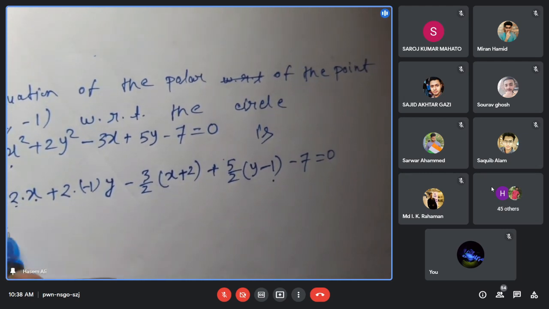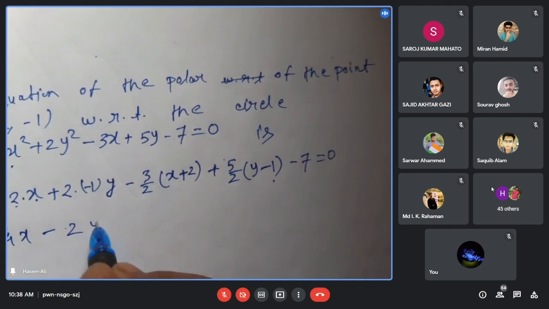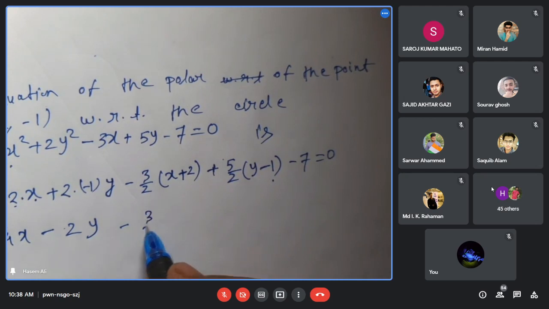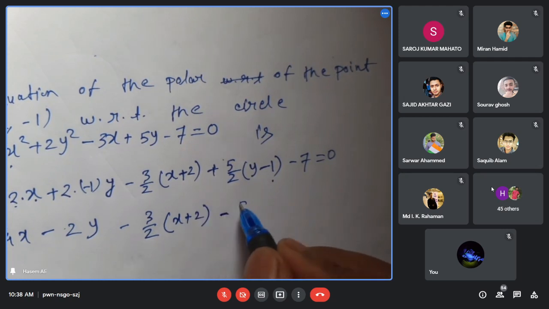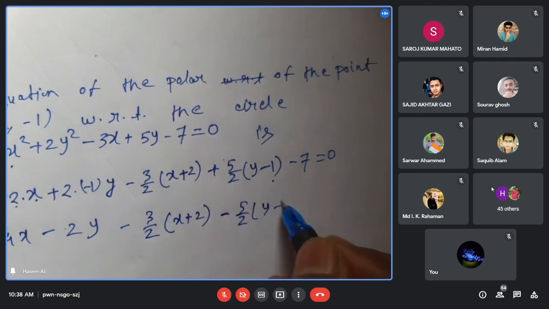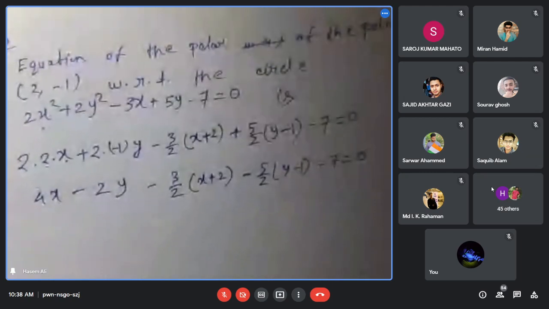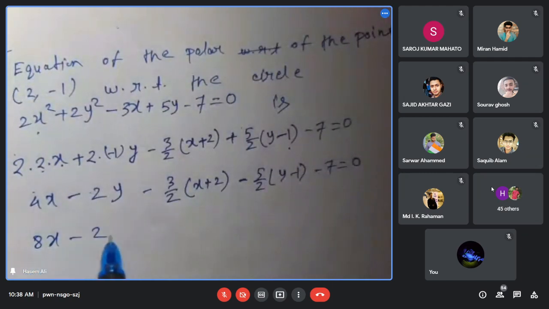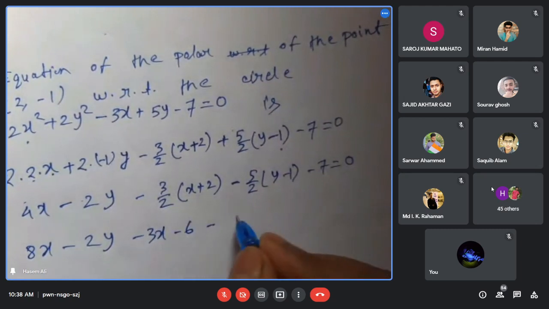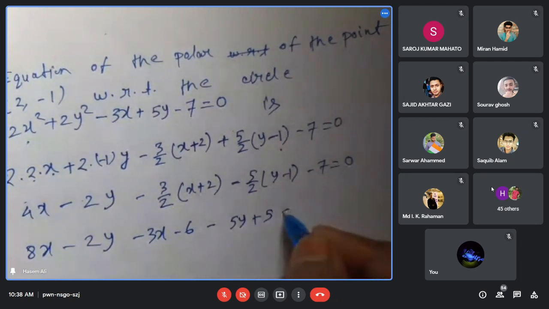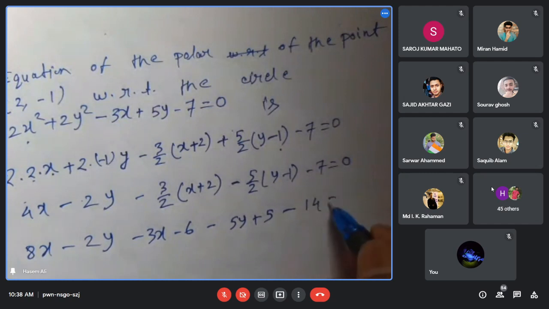So 4x - 2y - 3/2 (x + 2) + 5/2 (y - 1) - 7 = 0. So 8x - 2y - 3x - 6 + 5y - 5 - 14 = 0.